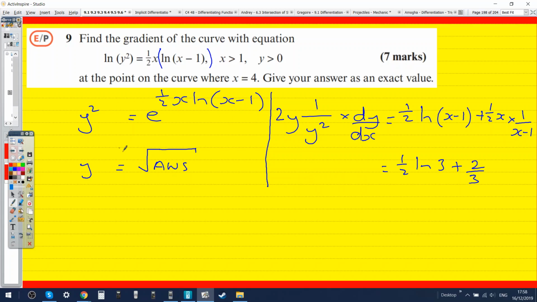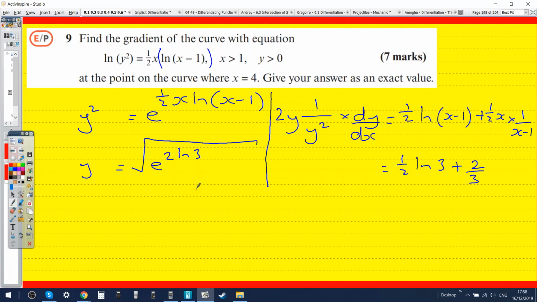Okay, so we could use what we did here. And so it'll be the square root of a half times 4, which is 2, e squared ln 3. Wait, isn't that all in the power? Isn't it e to the power of 2 ln 3? Oh yeah, you're right. e to the 2 ln 3.